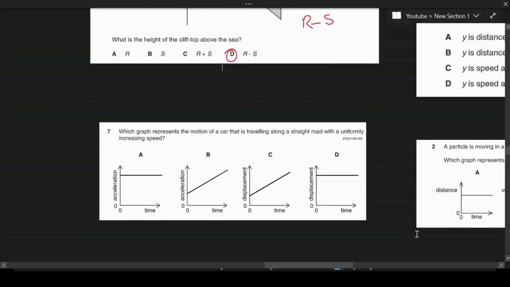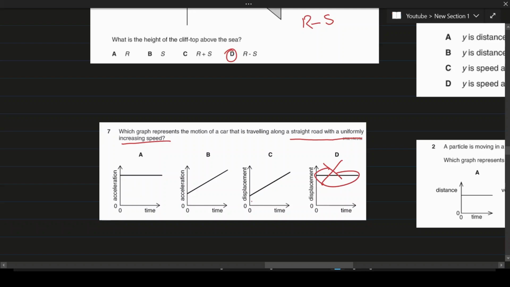Which graph represents the motion of a car that is traveling along a straight road with a uniformly increasing speed? Two of the options are acceleration-time graphs and the other two are displacement-time graphs. The displacement would not be constant, so this is wrong.